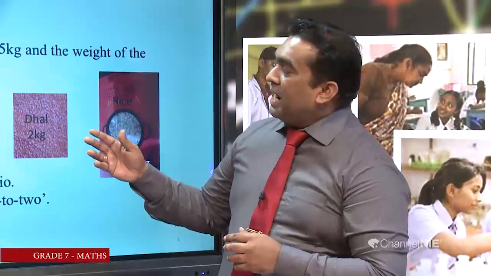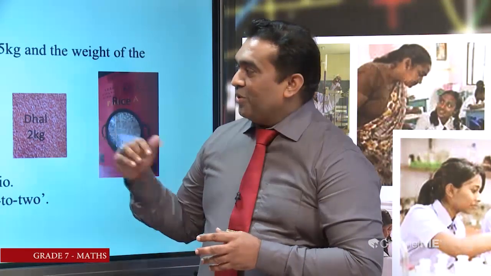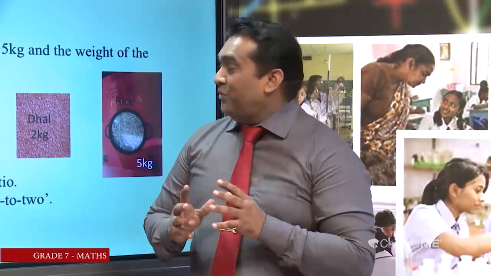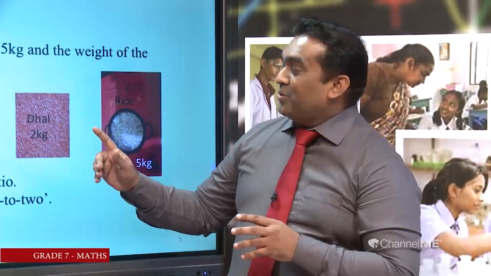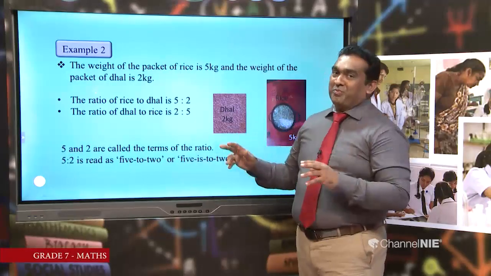The ratio of rice to dal is 5 to 2. 5 and 2 are called the terms of the ratio. 5:2 is read as 5 to 2 or 5 is to 2.